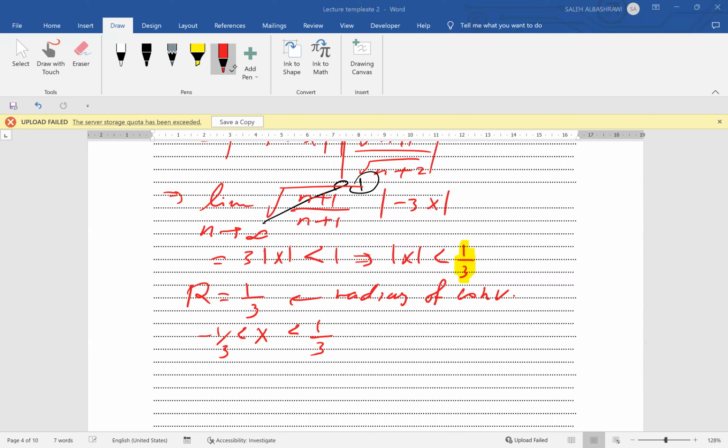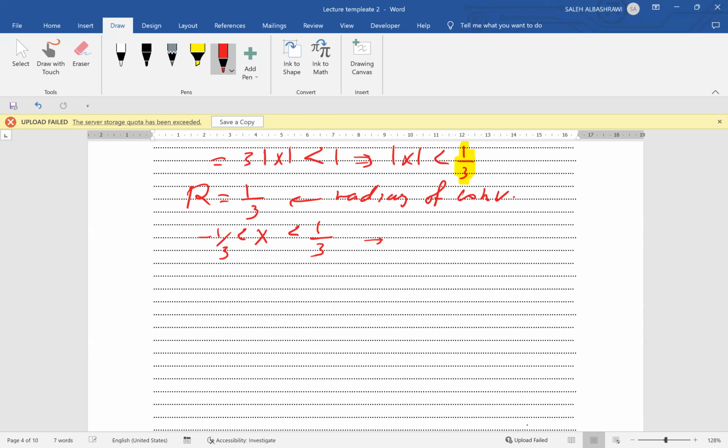So the interval will be between minus 1/3 and 1/3, negative 1/3 and positive 1/3. But we have one thing more: I need to check the endpoints.